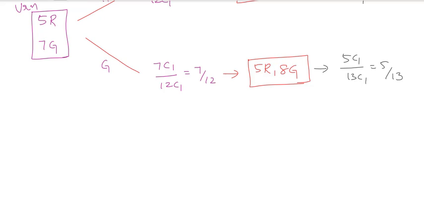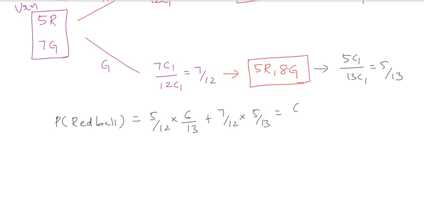So the probability of getting a red ball will be 5 divided by 12 into 6 divided by 13 plus 7 divided by 12 into 5 divided by 13, which is 65 divided by 156. So this is the answer. If you simplify it, you will have the same answer. If you want the cases like your earlier problem, write down those cases here.